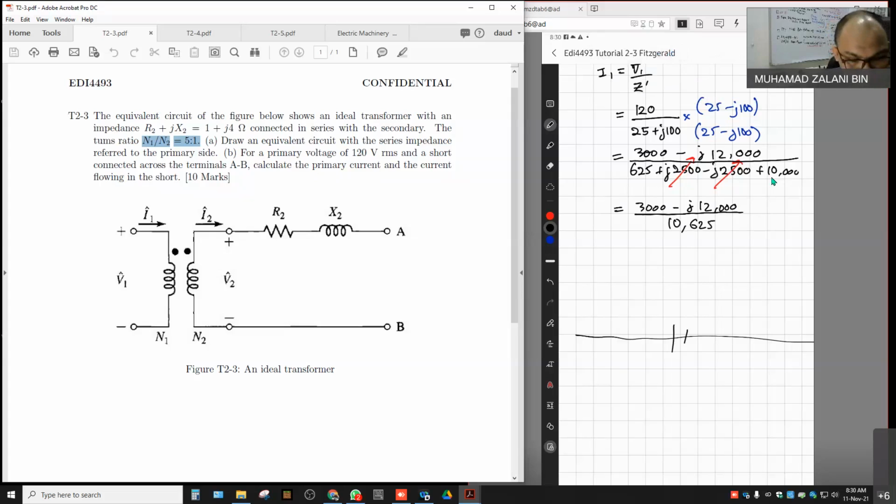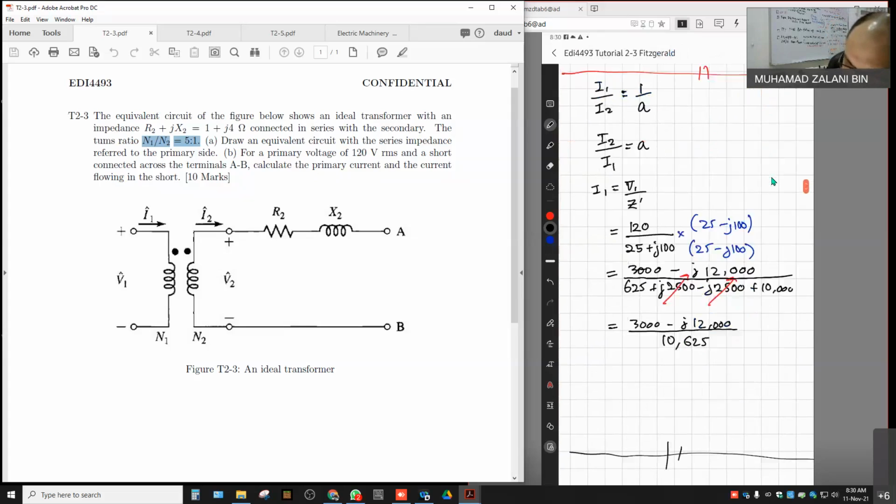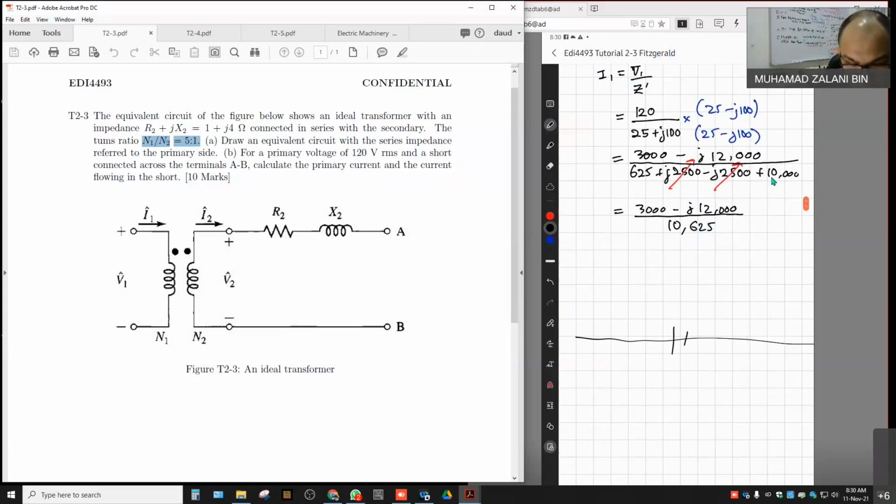So for this one, what we need to do is to further calculate. I will just straightly calculate this. We want to get the magnitude. So this is I1 in the form of real and imaginary numbers.